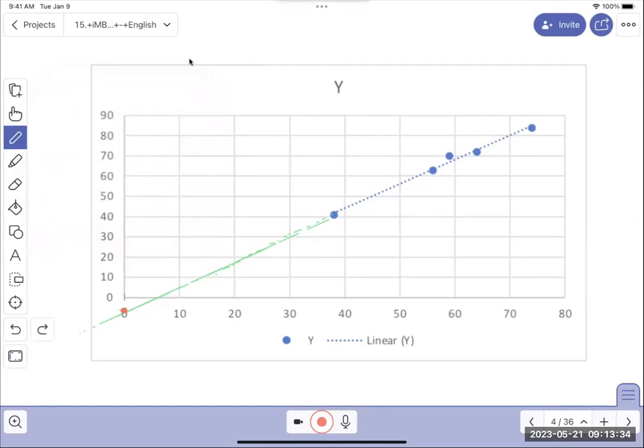So if you imagine this line goes down, this is a equals negative, whatever it was. What was it?